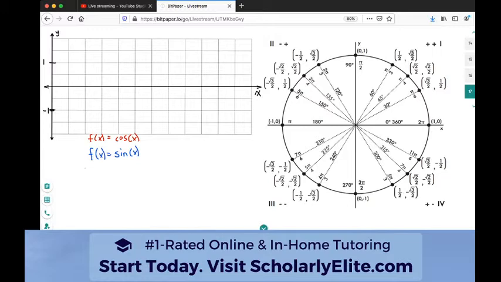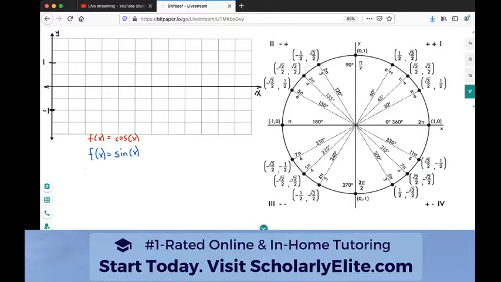Why is this the case? Well, if you think about it, on the y-axis, you can only go to 1. You'll see what I mean in a second. Basically, as you go through the different degrees, those are going to be your independent variables. The dependent variable is the answer to the sine or cosine, which is only going to be from -1 to 1.